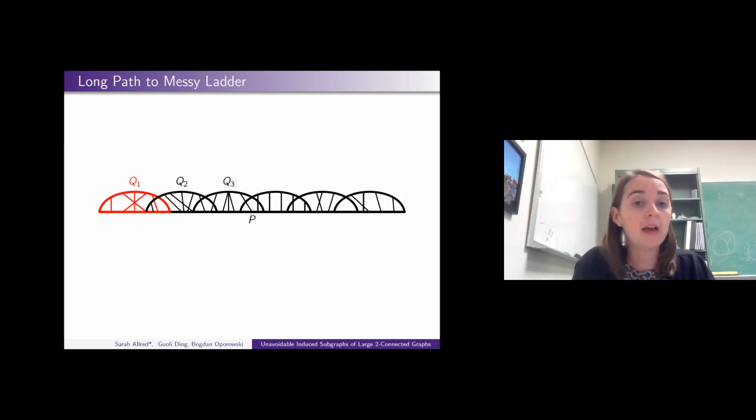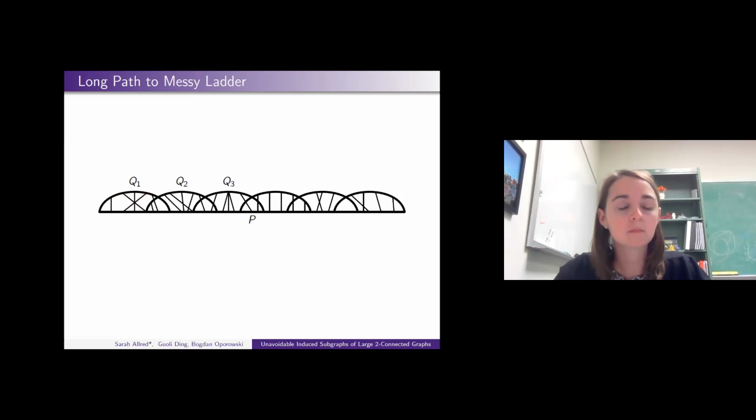That tells us we have a lot of these bridges and then a lot of the induced paths in the bridges. So here I have 6, but there may be many, many more because the path may be really long. 6 is just kind of an easier number to draw.